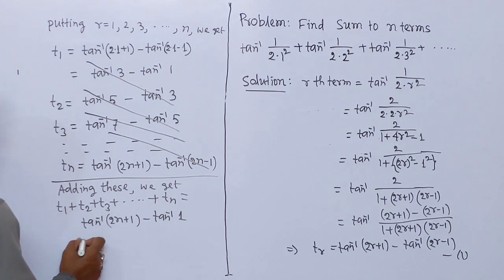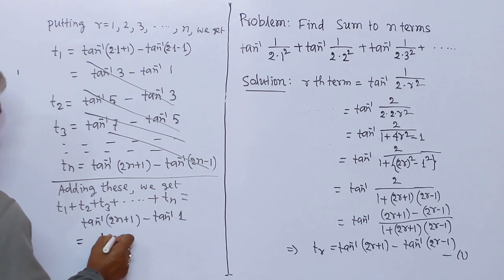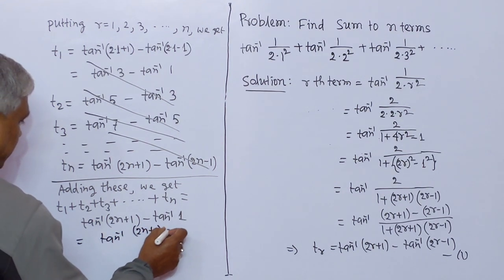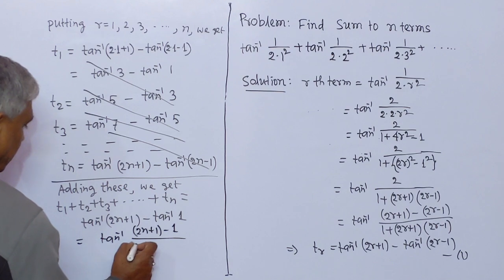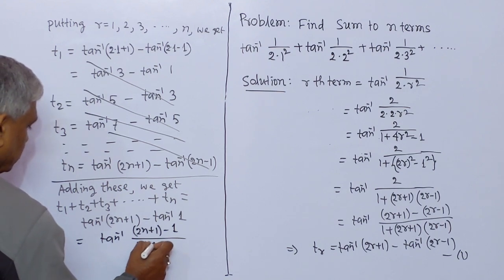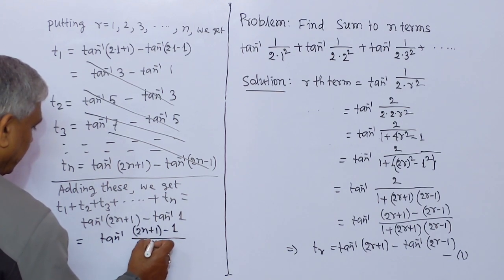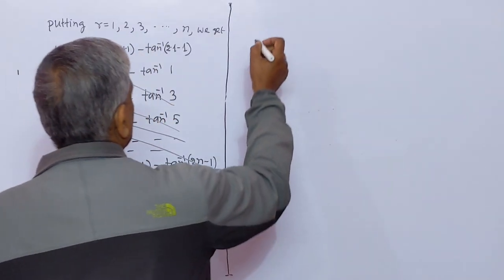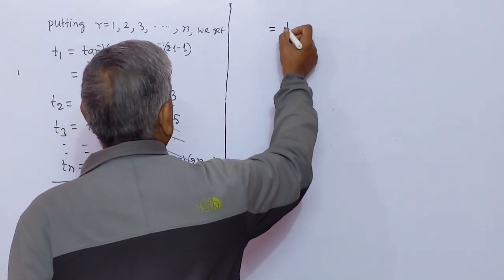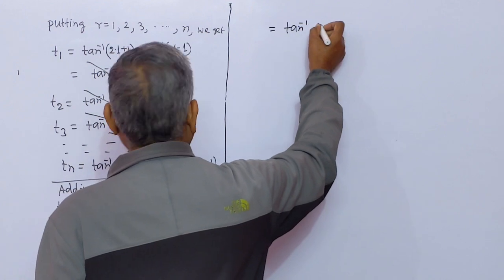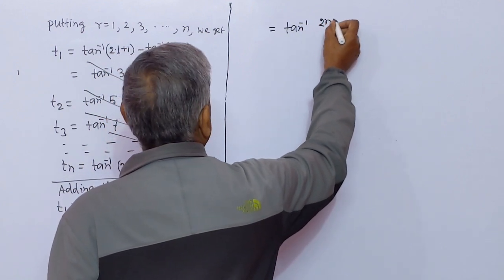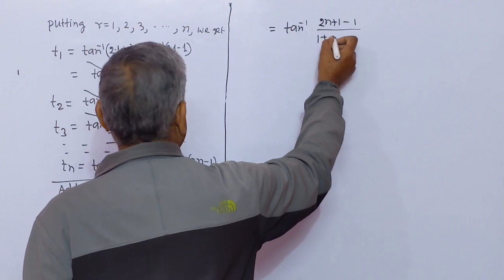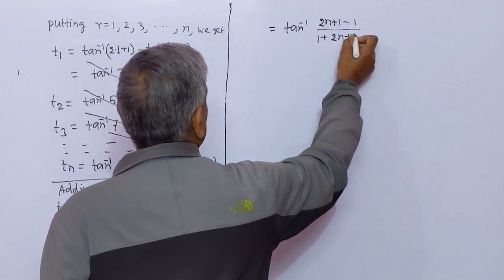We may write this equal to tan inverse of 2n plus 1 minus 1 by 1 plus 2n plus 1 multiplied by 1. This is equal to tan inverse 2n plus 1 minus 1 by 1 plus 2n plus 1.